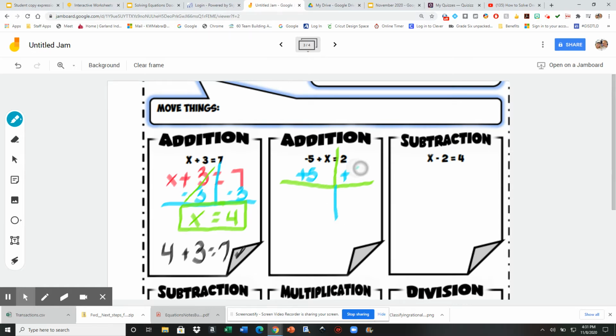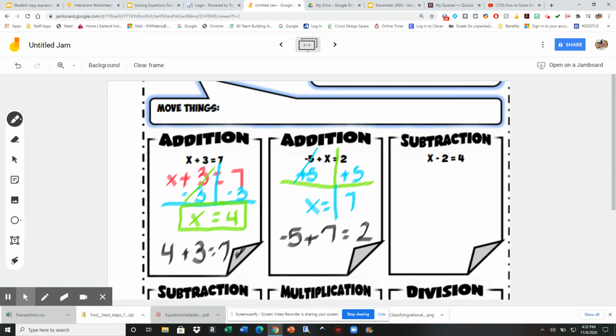So you're going to add 5 to both sides. That's going to cancel out, leaving you with that 0 pair that you're looking for. And on the right-hand side, you have 2 plus 5 is equal to 7. Okay, so let's substitute. We have negative 5 plus positive 7 is equal to positive 2.